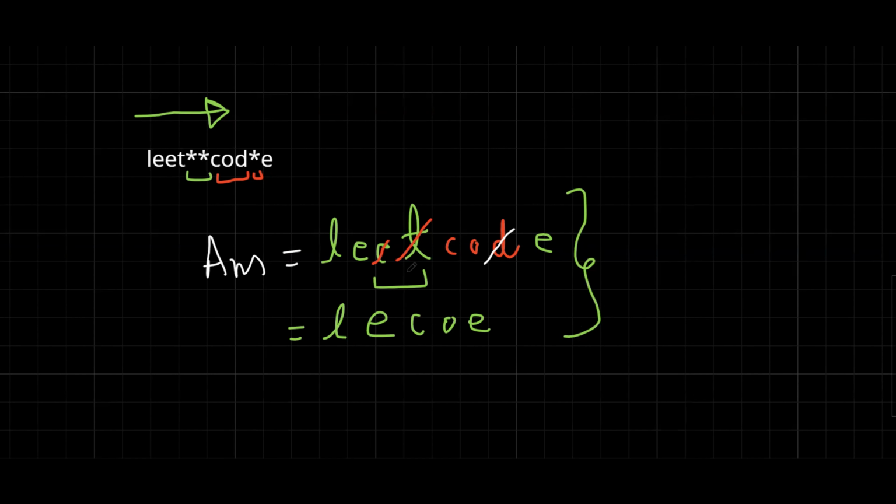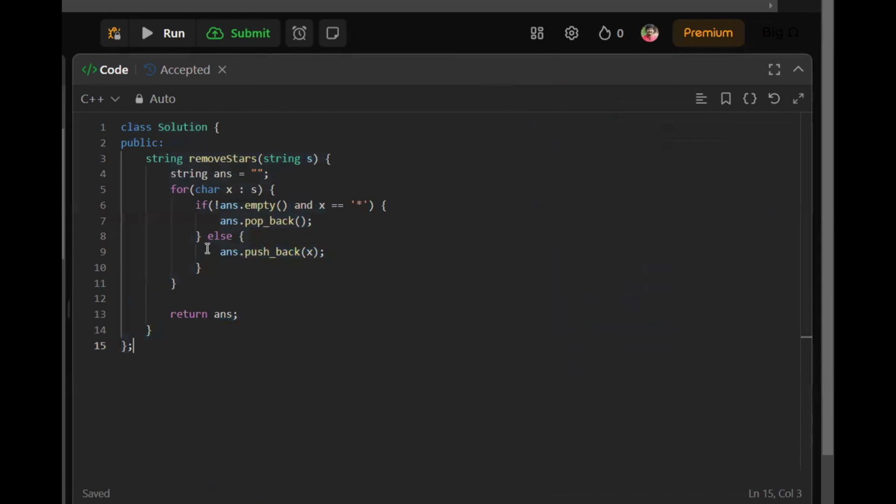Now let's move on to the code. In this problem, the code is pretty simple. At first, we are given a function named removeStars, which takes a string parameter. Now we are taking an answer variable, which is a string type. Now we are iterating over each character of the string. And we are checking if our answer string is not empty and our current character is a star.